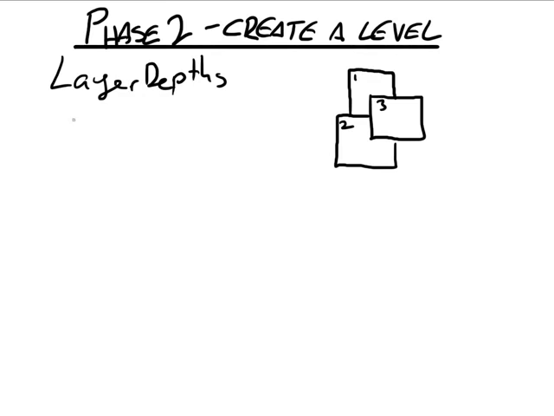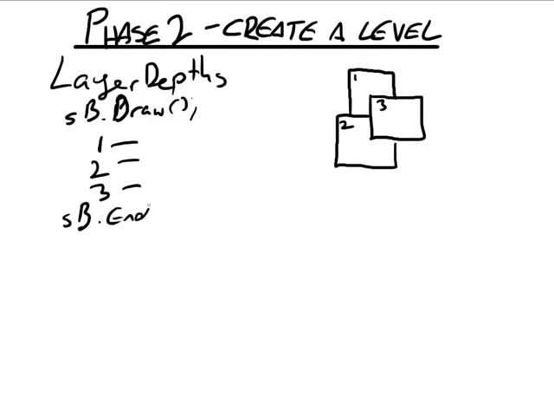So what you do normally is say Spritebatch.draw, and then you draw number 1, then number 2, then number 3, and then you'd call sb.end so it would shoot it off to the graphics card and actually draw it onto the screen for you.